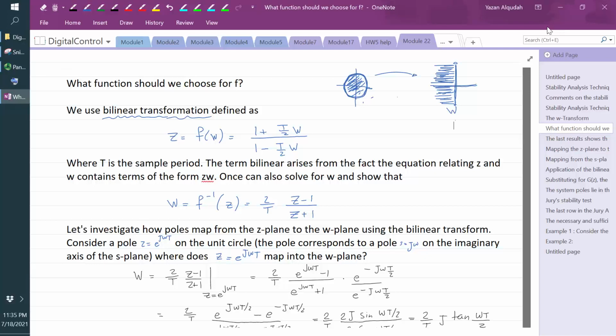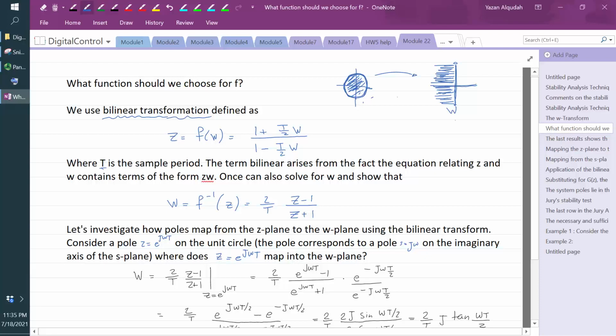We're going to be using it in order to transform the Z plane to this W plane. What does this transformation look like? Z is equal to f of W, a function of W, is equal to 1 plus t over 2 multiplied by W over 1 minus t over 2 multiplied by W, where t is the sampling period.